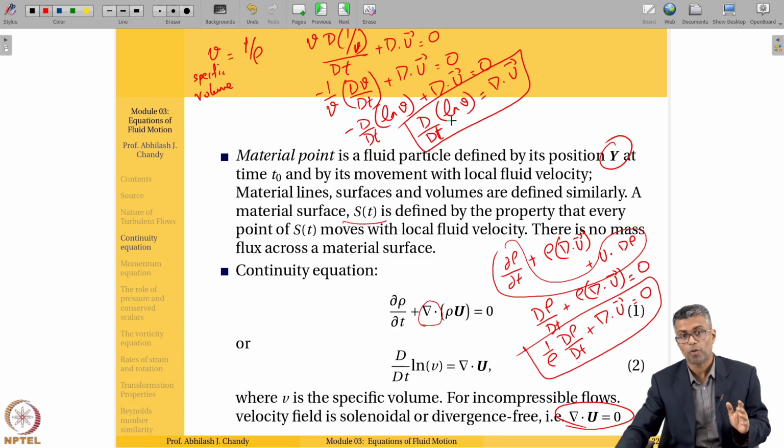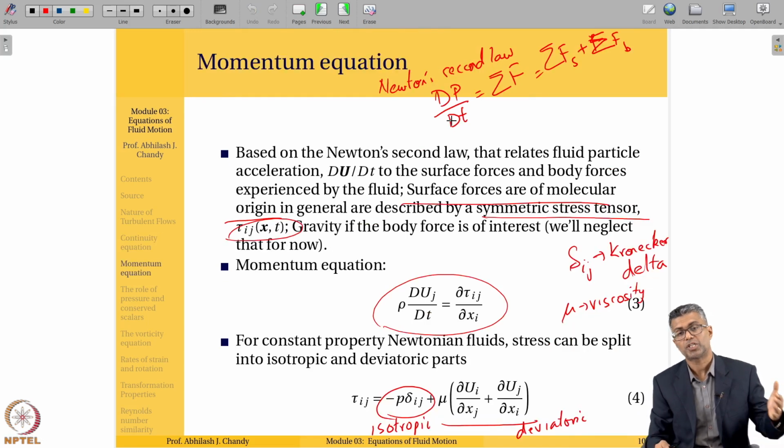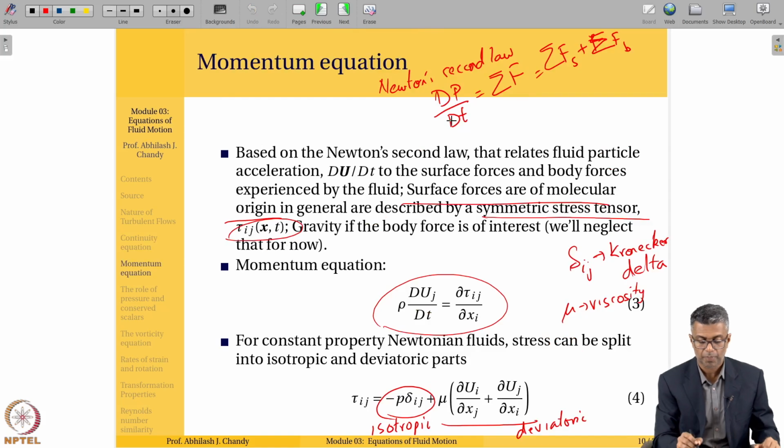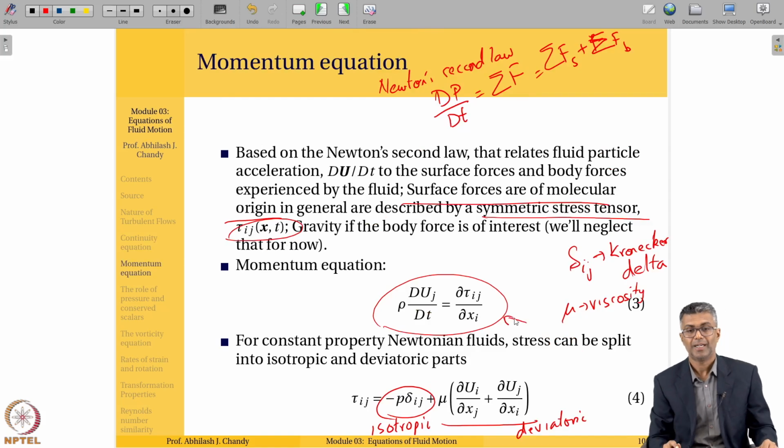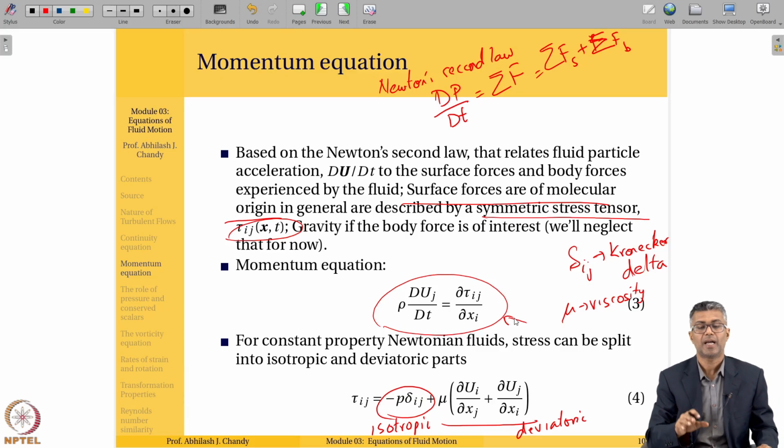Then we looked at the momentum equation. The momentum equation, coming from Newton's second law, is represented by this equation here: rho Duj Dt, where capital D is the material derivative, is equal to del tau ij over del xi. Then you represent the stress tensor as an isotropic part and a deviatoric part. And then we'll put this together into the momentum equation in the next class. Thank you.